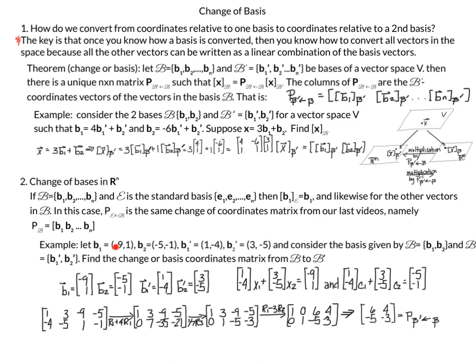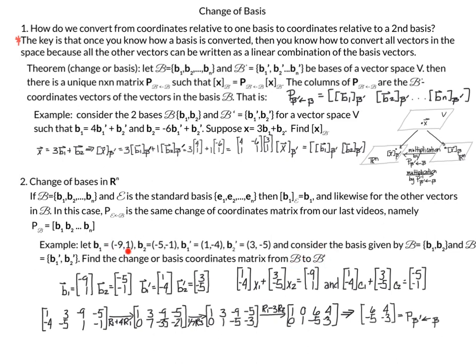So if our first basis is beta, with B1 equals (-9, 1) and B2 equals (-5, -1), and our second basis is beta prime, with B1 prime equal to (1, -4) and B2 prime equal to (3, -5), we want to find the change of basis matrix from beta to beta prime.